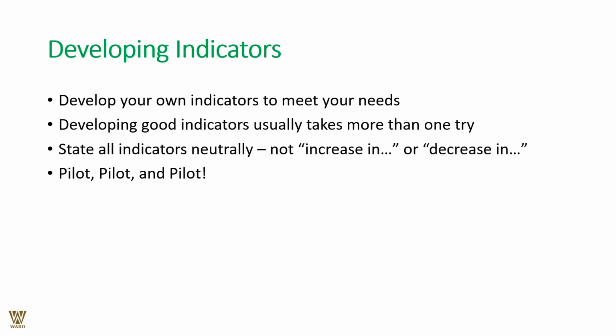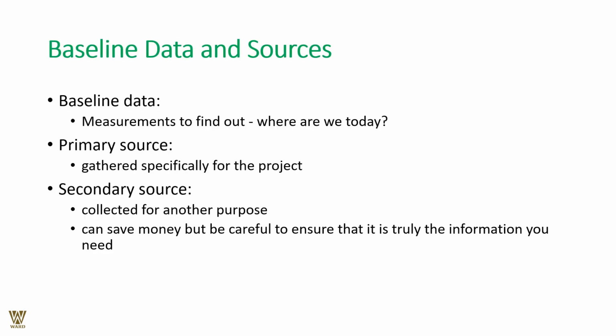A good indicator will usually take more than one try, two tries, three tries probably. But at the end of three, four, or five tries, you should be able to come up with a decent indicator. Remember, all indicators should be neutral. It should not be biased to either side. And the best case scenario for an indicator is to pilot, or apply it to a small population, small sample, until and unless you see that neutrality gets developed.